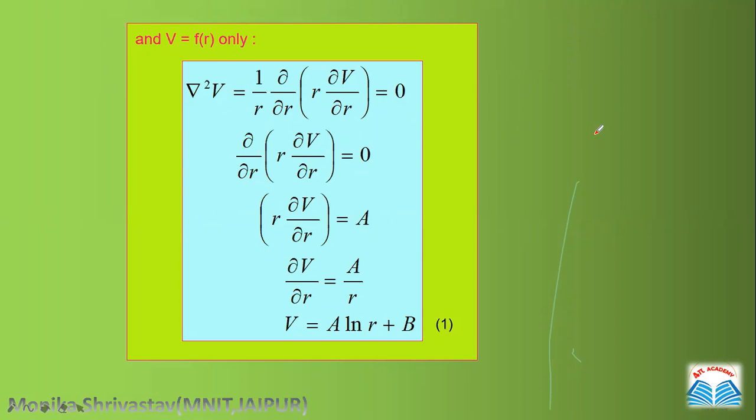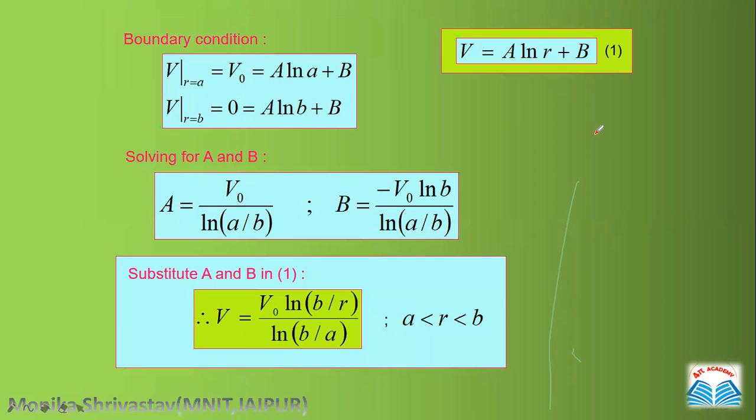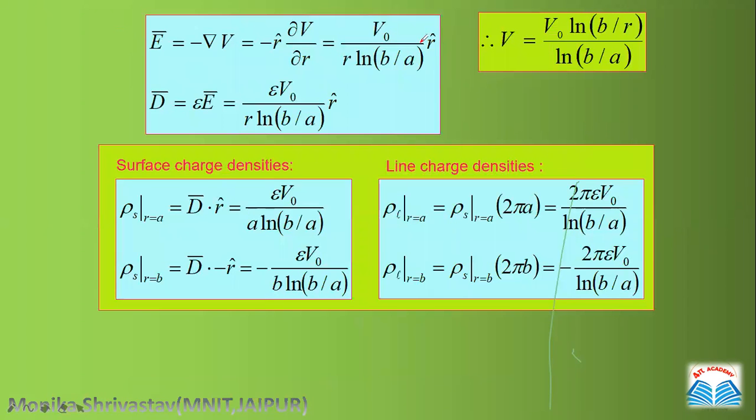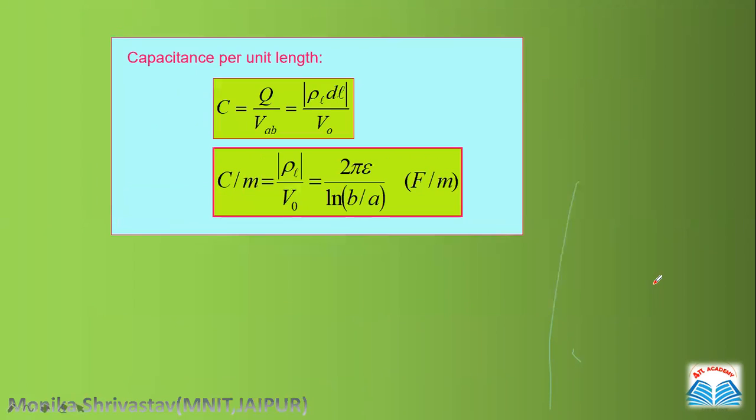You will get two constants A and B. Then put in your boundary conditions at r equal to a and r equal to b, which are given in your question. Just calculate those two constants A and B and put them in your solution for voltage, and then you have to calculate the electric field, then you will calculate the displacement vector, then you will calculate the charge density, and at last, using the values of charge density, you can calculate the capacitance.